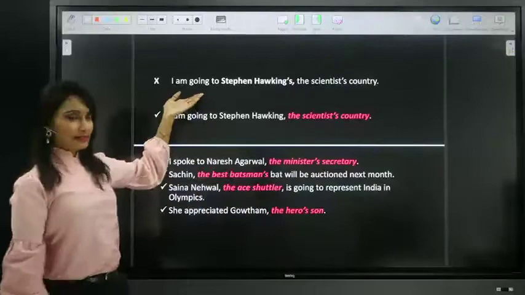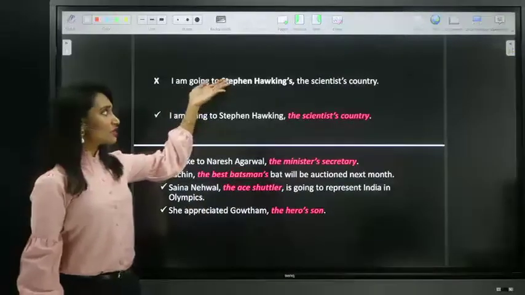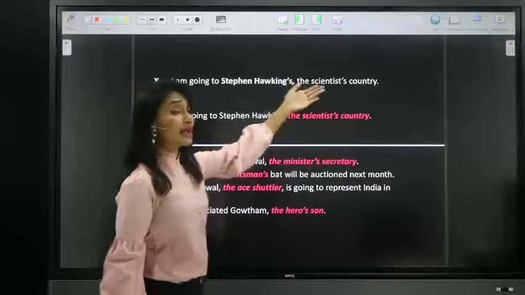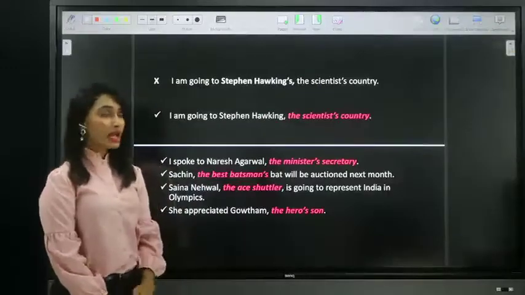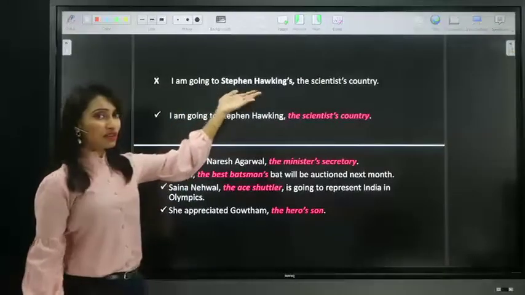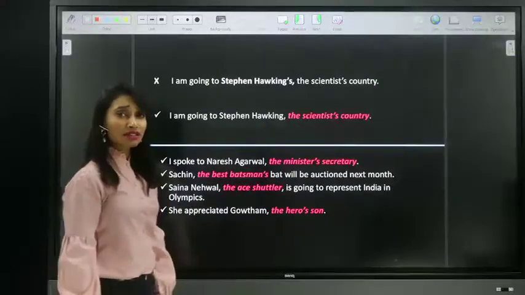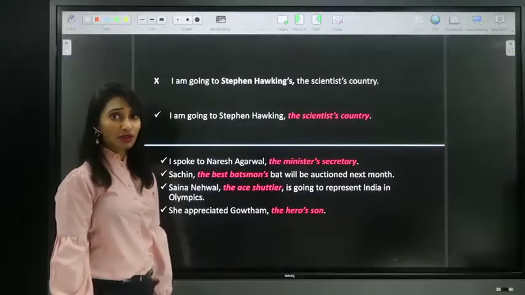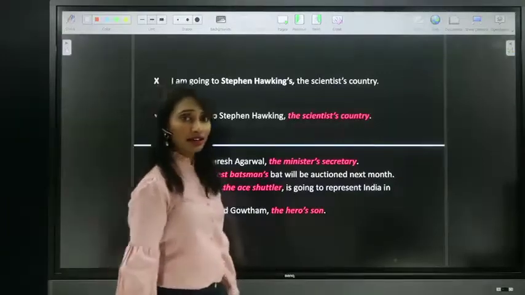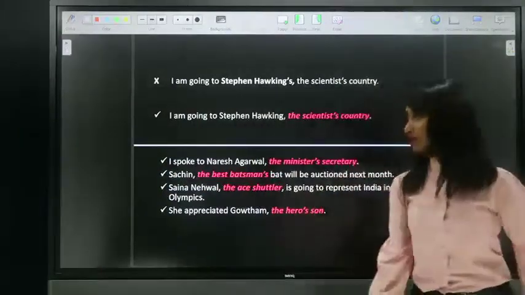Look at this sentence. I'm going to Stephen Hawking's, the scientist's country. Yesterday we have discussed the last concept. What was the concept we have discussed?